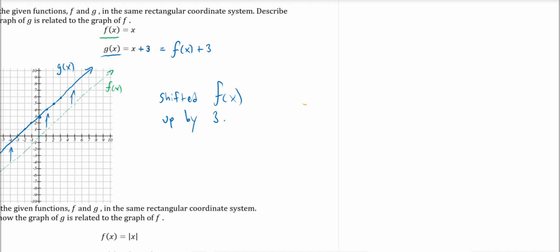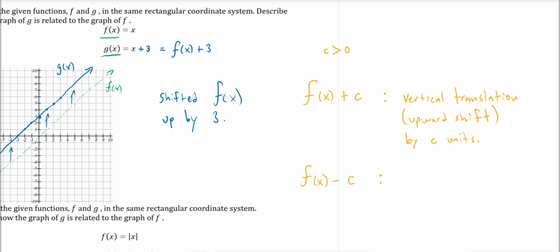Here, when looking at something like f of x plus c, where let's say c is a positive value, the transformation associated to this would be a vertical translation, also called a vertical shift or an upward shift, by c units. And likewise, still considering c to be some positive value, f of x minus c would do what you think it does. This would also be called a vertical translation, but now we are shifting downward by c units.